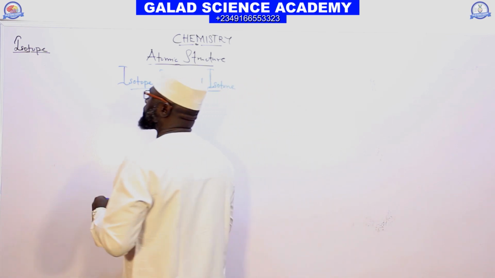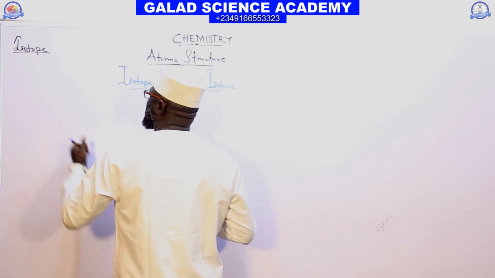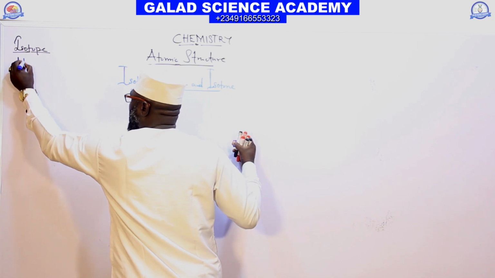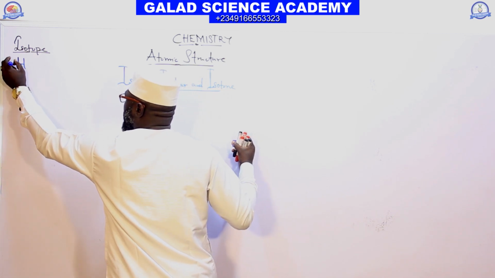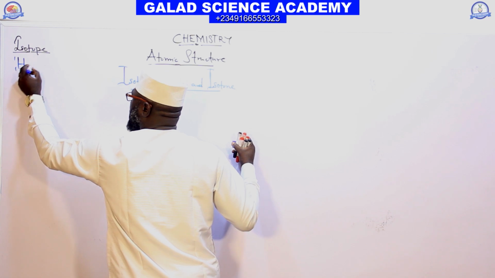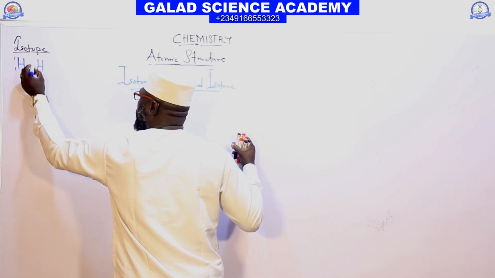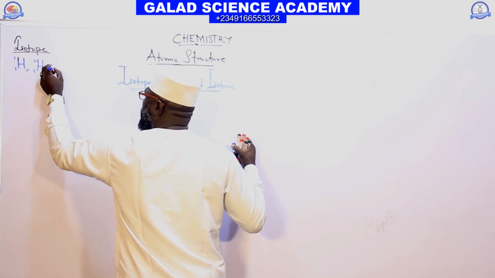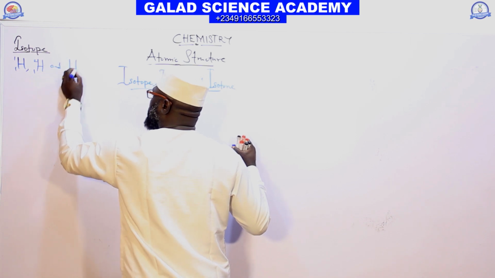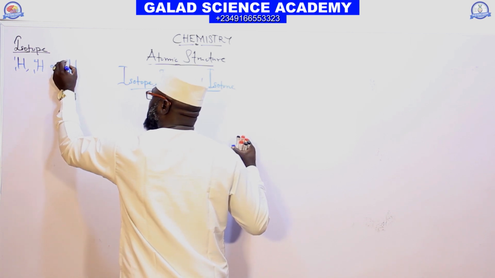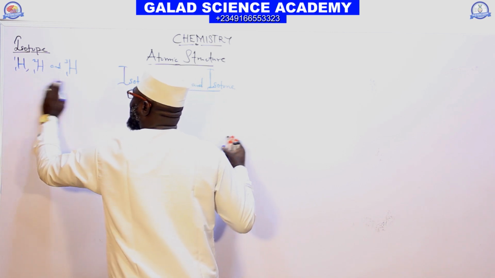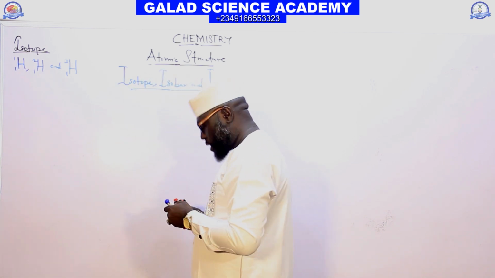These are examples of elements that undergo isotope. We have hydrogen 1, 1, hydrogen 1, 2, and hydrogen 1, 3. Look at these three hydrogen.